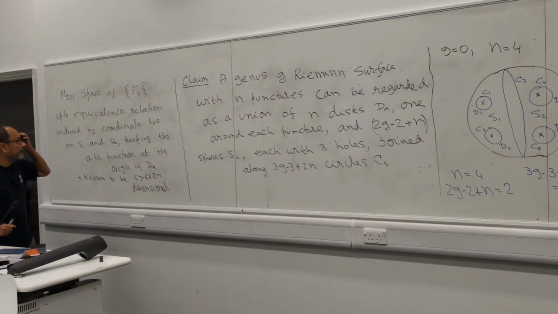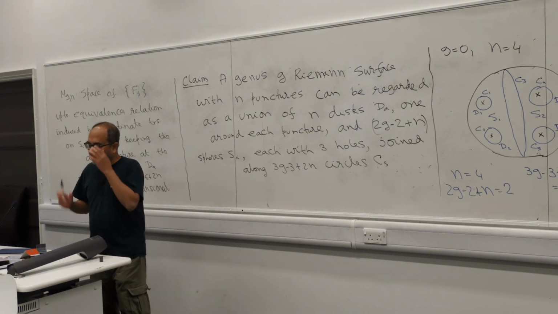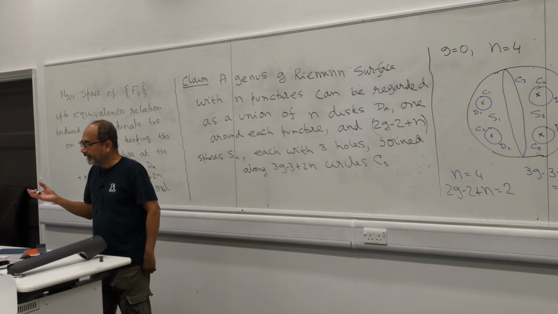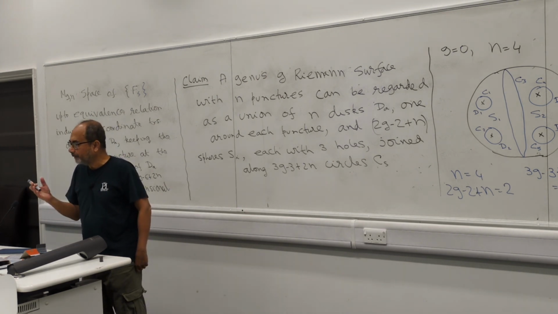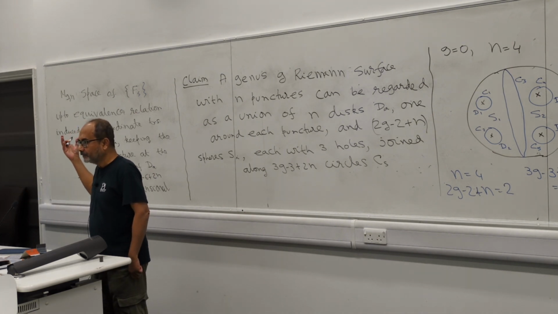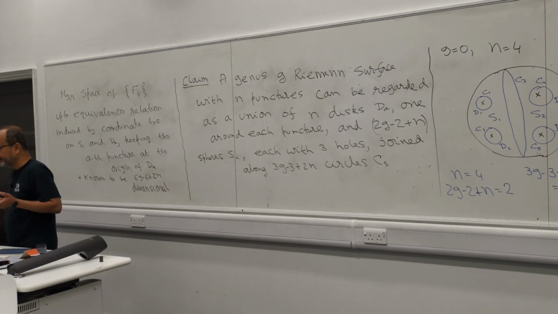The equivalence relation is that, suppose you have taken one set of transition functions. Now you change the coordinate zi to some function of zi. That will change the relationship between zi and w, so it will give a new set of transition functions. Those are declared to be equivalent to the original one, because changing the coordinate system shouldn't change the surface.